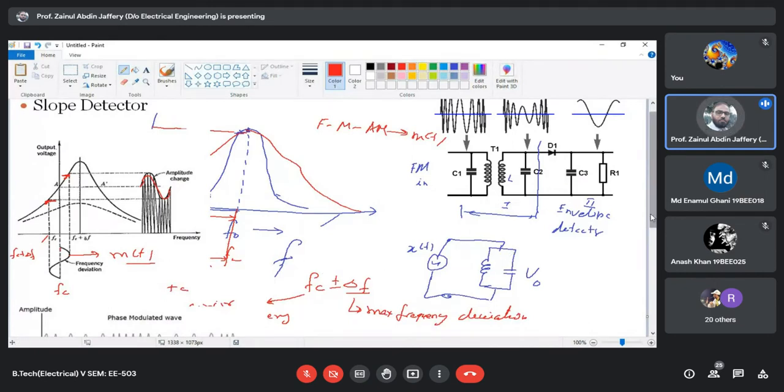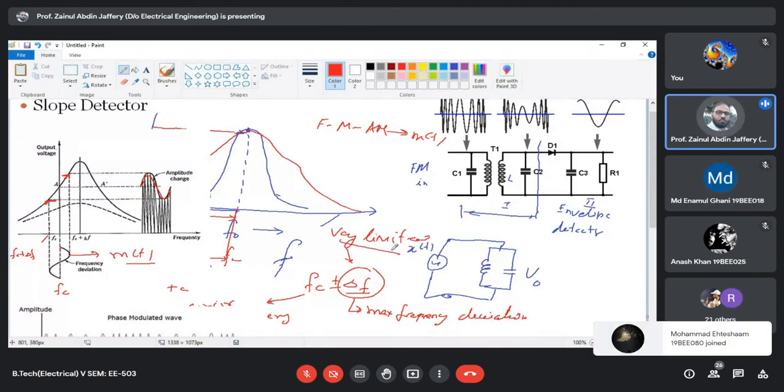The problem with this circuit is that this delta F, the maximum frequency deviation, is very limited, right? This means very small. You know that for a high bandwidth signal, this delta F should be large.